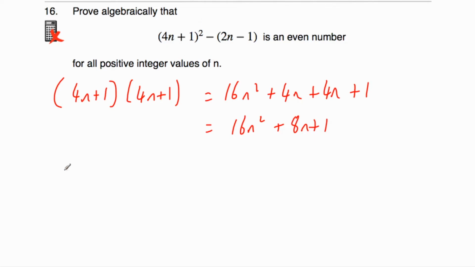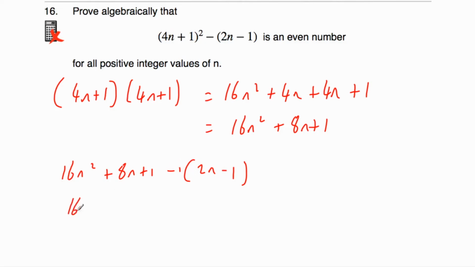Now we've got our 16n squared plus 8n plus 1, and we're taking away in brackets 2n minus 1. We want to show this is an even number, so at this point we can take away 2n and take away minus 1. Or we can expand our bracket: there is actually a minus 1 here because it's minus this bracket, so we multiply what's in the bracket by minus 1.